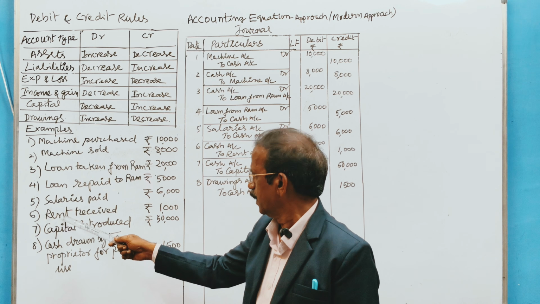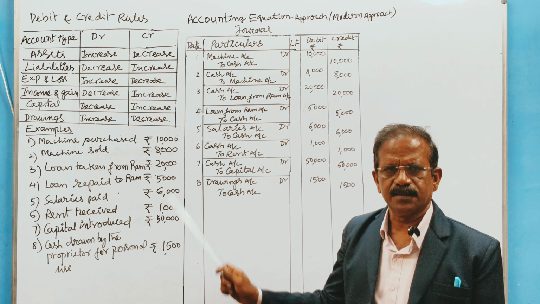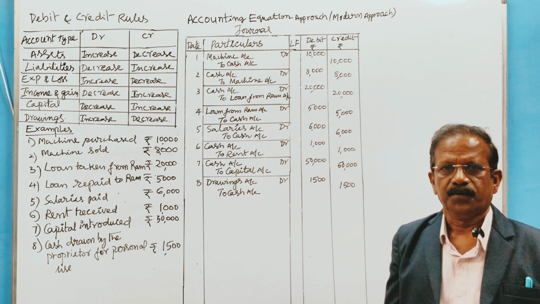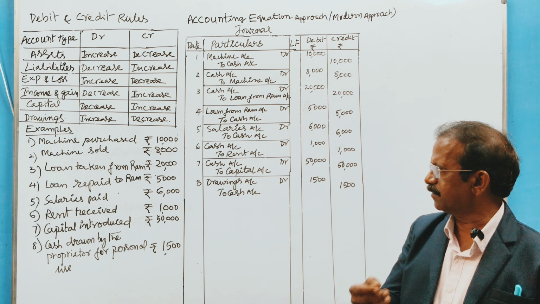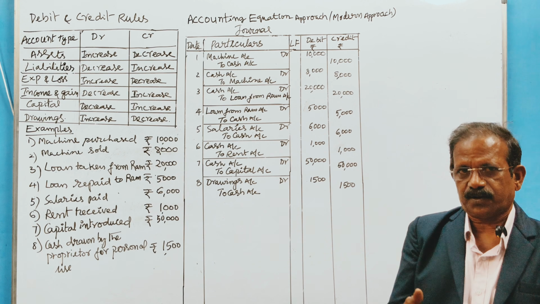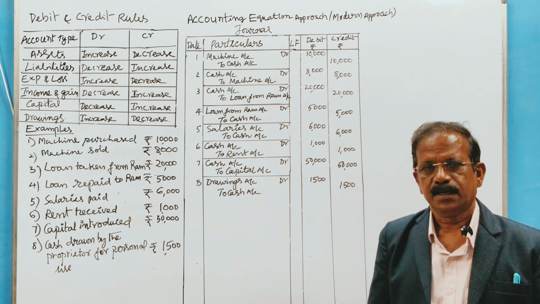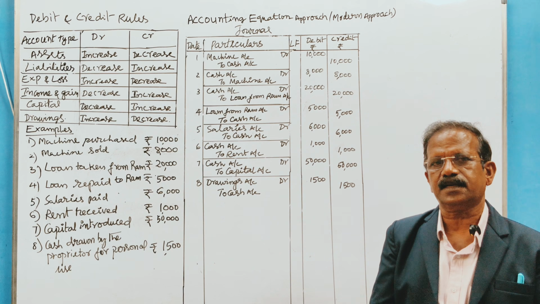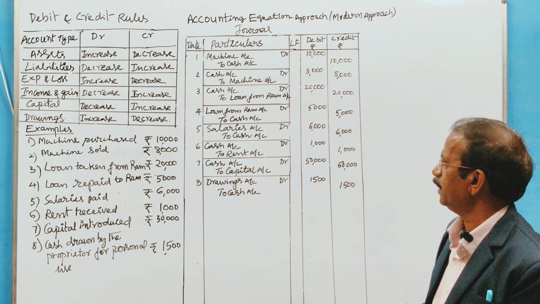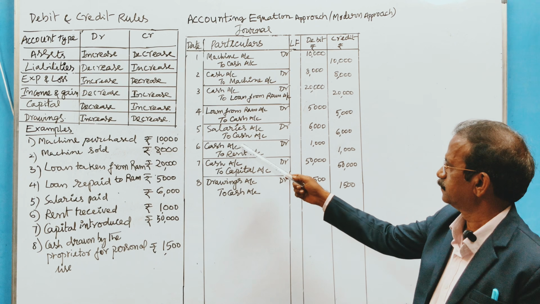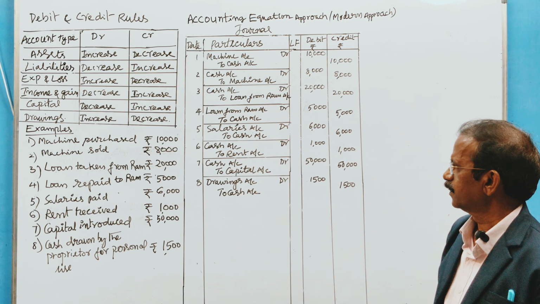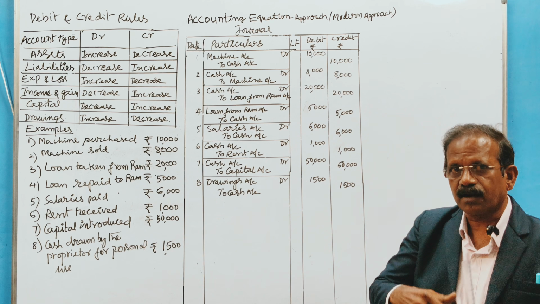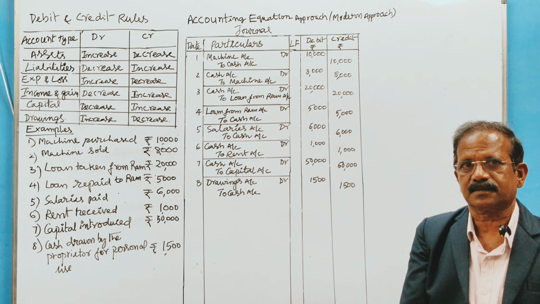Now coming to rent received. In this transaction, we are receiving some cash. So our cash balance is increasing. Since the cash balance is increasing and it is an asset, cash account is to be debited. At the same time, this rent we are not going to pay it back.